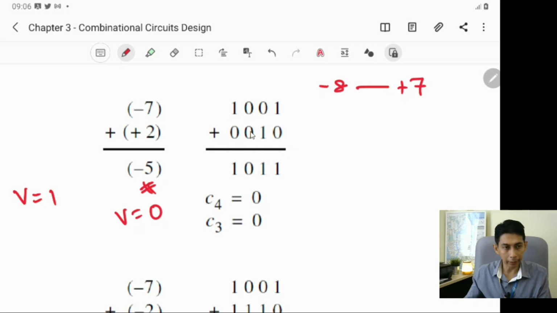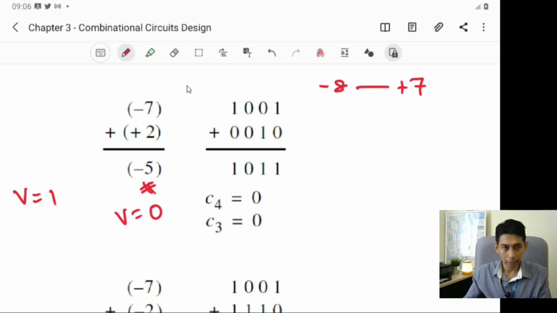And when we do the add in binary, remember, minus 7 in binary is the 2's complement of 7. See, the sign bit is 1, indicating that this is a negative number.